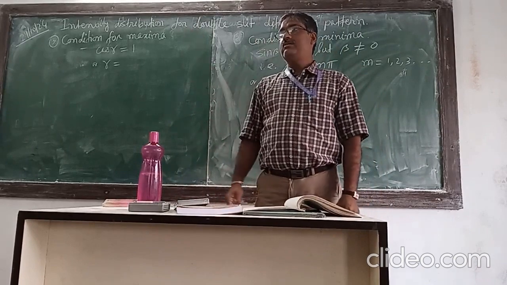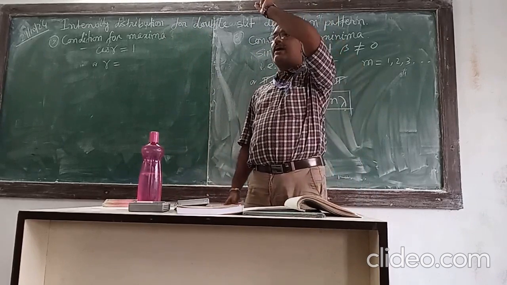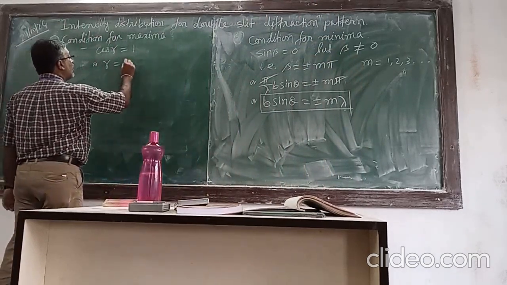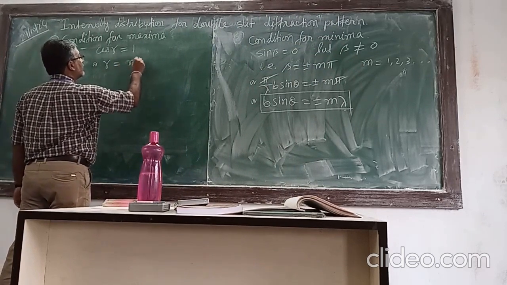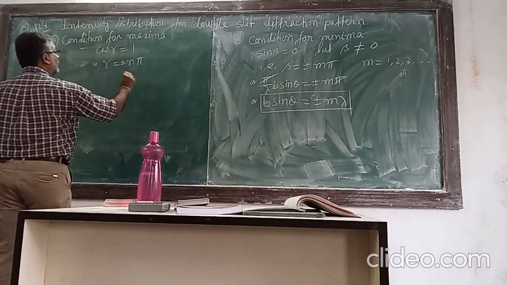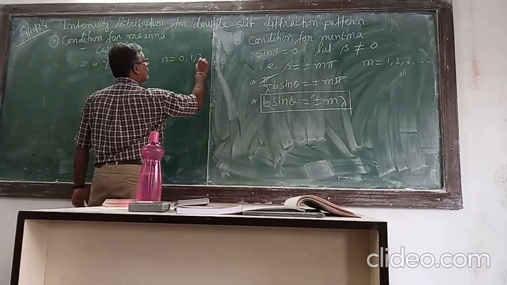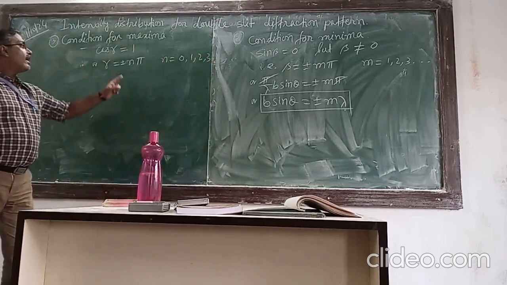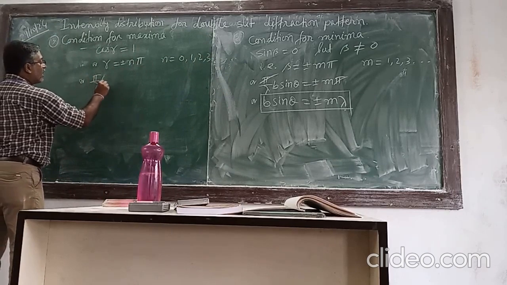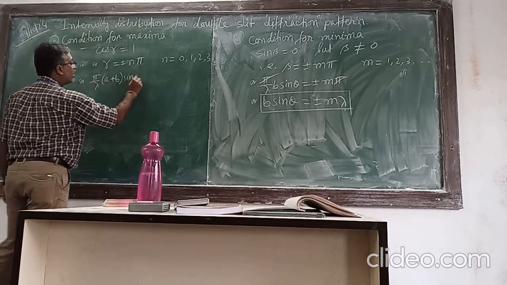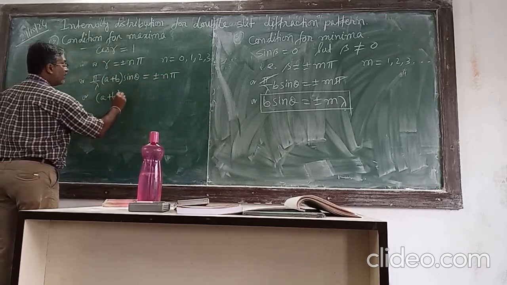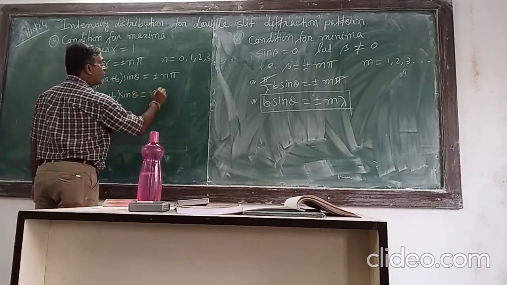In the intensity expression there is a cos square gamma, so it will again be plus and minus, so gamma equals plus or minus n pi, where n equals 0, 1, 2, 3, etc. Or again gamma equals pi by lambda times (a plus b) sin theta equals plus or minus n pi, or (a plus b) sin theta equals n lambda.